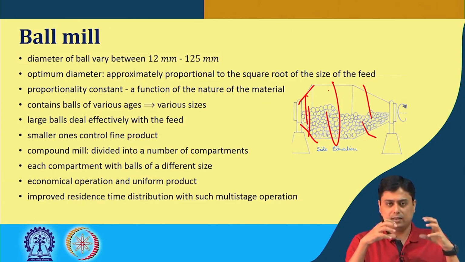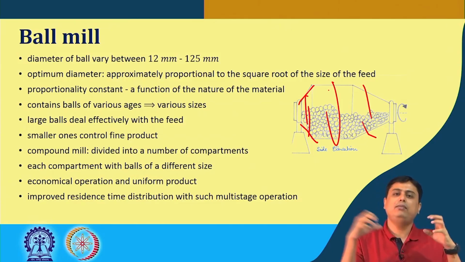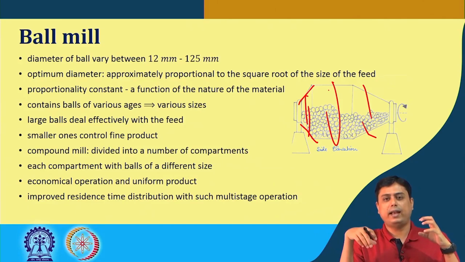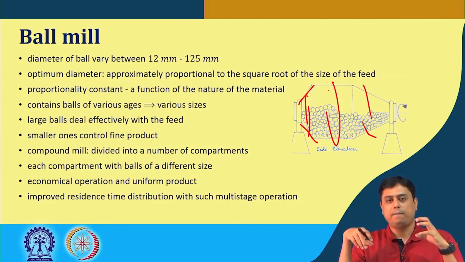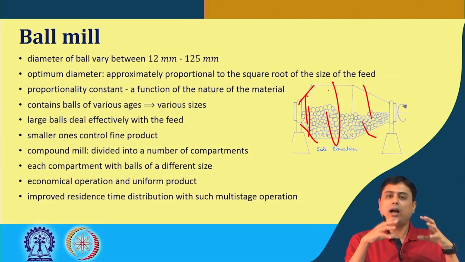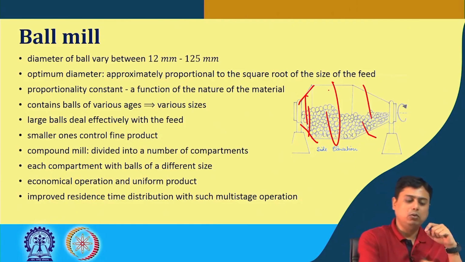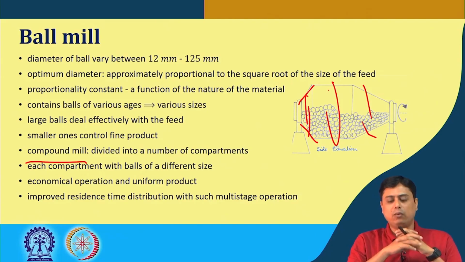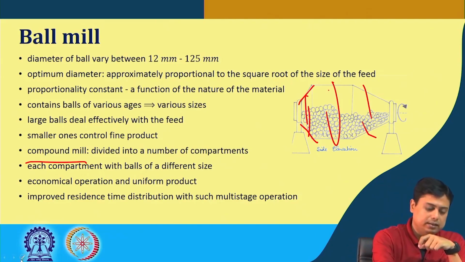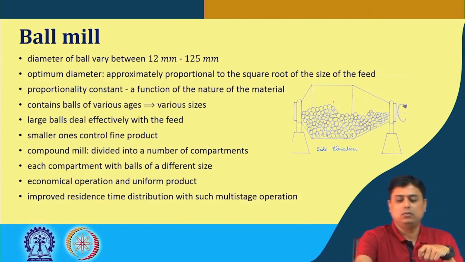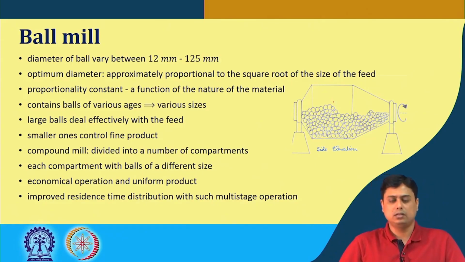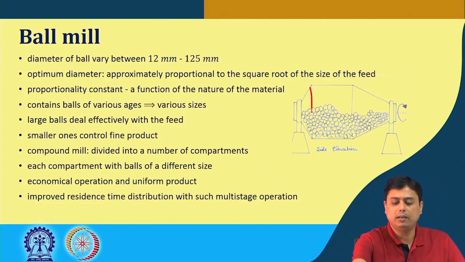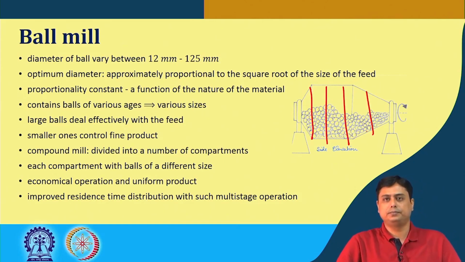and that is helpful, just because of the thing that we have mentioned, that with different sizes this effective grinding can happen, and that is why there are uses of the compound mill or compound ball mill. Here what happens is that this ball mill, which is a single compartment, is divided into multiple vertical compartments with the vertical wears.